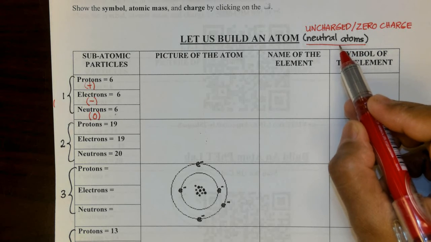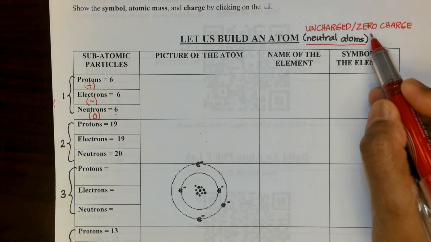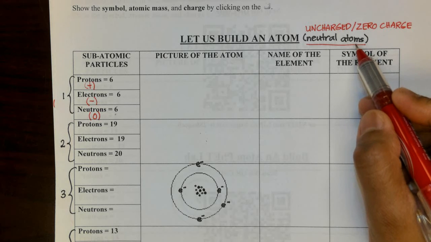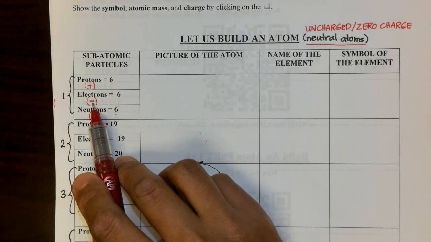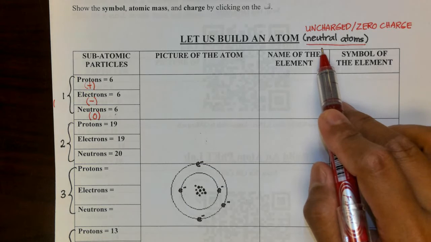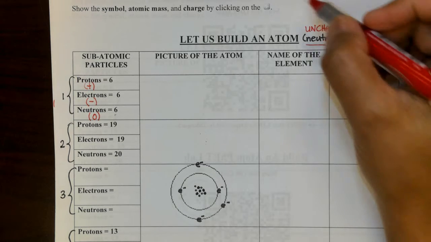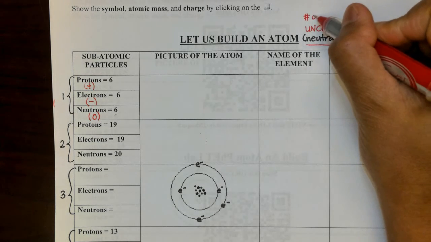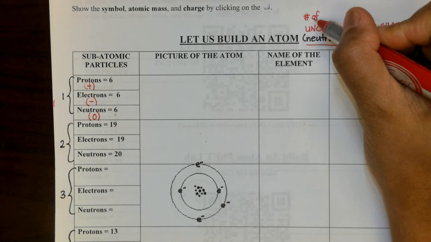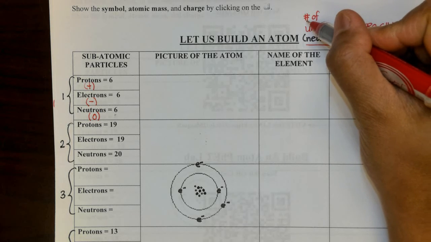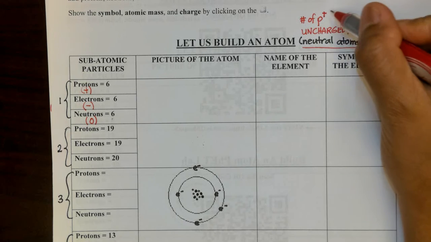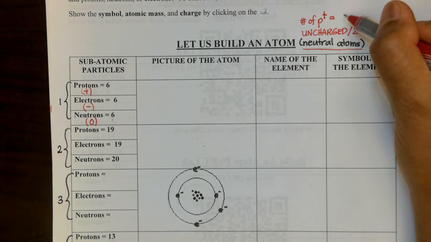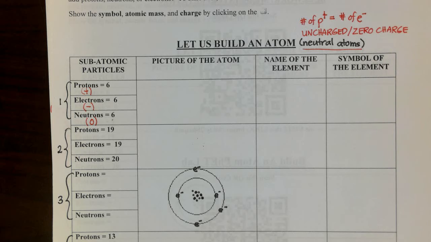In what way will we reach a zero charge for our atom? By looking at your positive and negative only. So in a neutral atom, for us to reach a zero, we have to make sure that the number, this is not hashtag, okay? This is number of positive protons should be equal to the number of negative electrons.